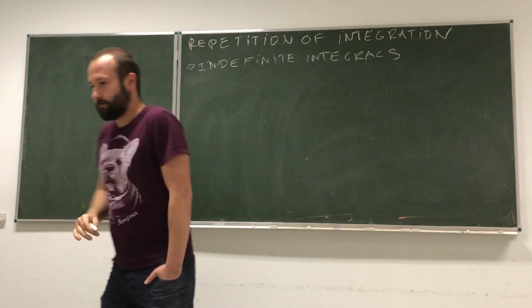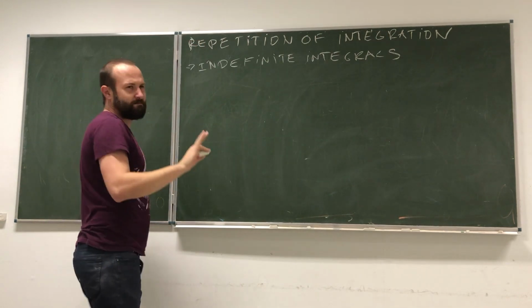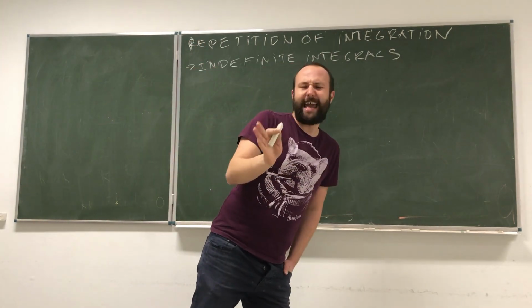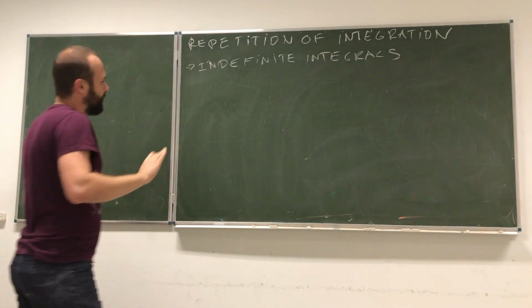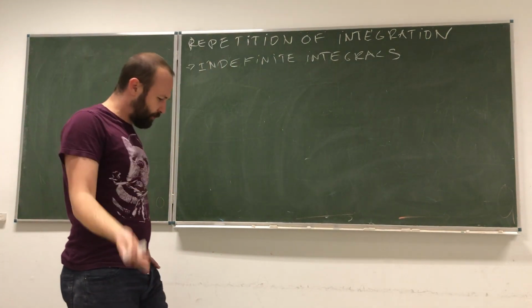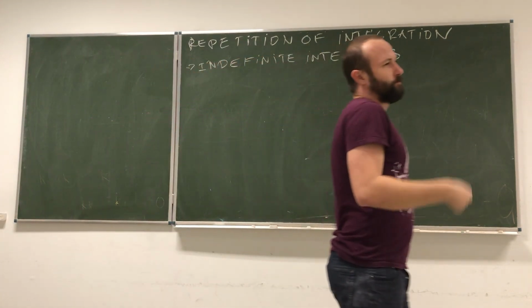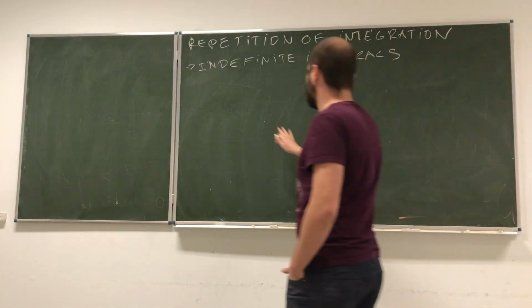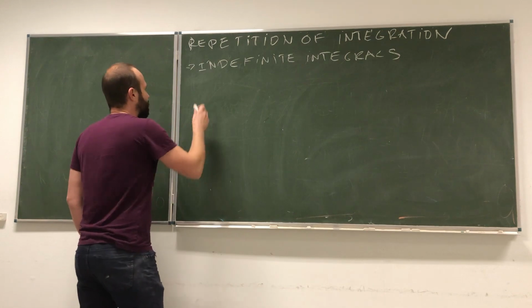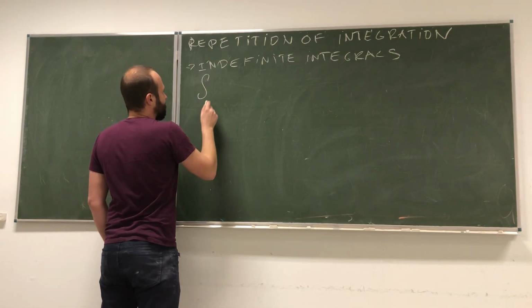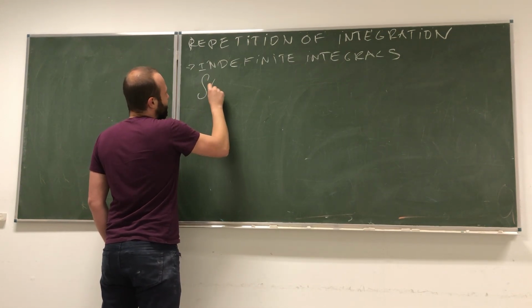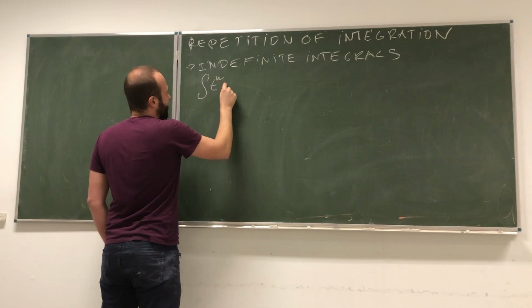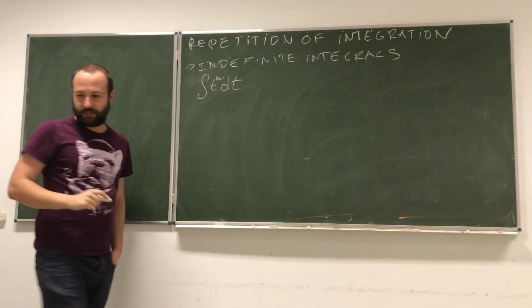Okay, so the main formula, I will be just replacing x with t. All the formulas we already learned in mathematics, so let me just refresh the most important ones. Integral of t to the power of n dt.